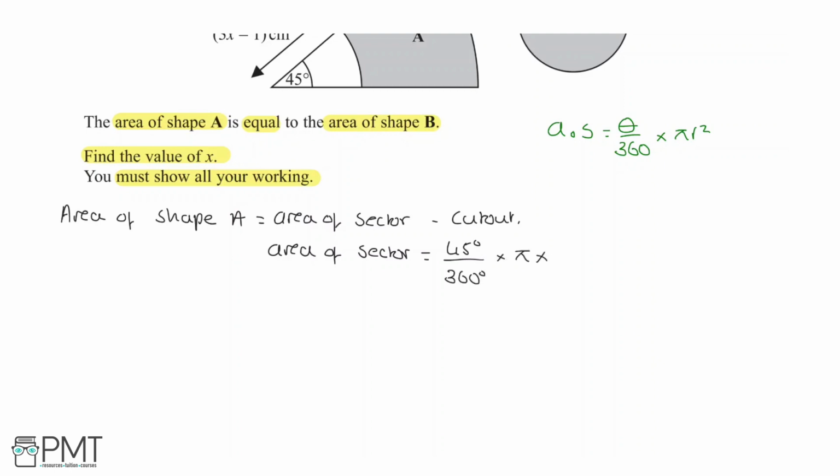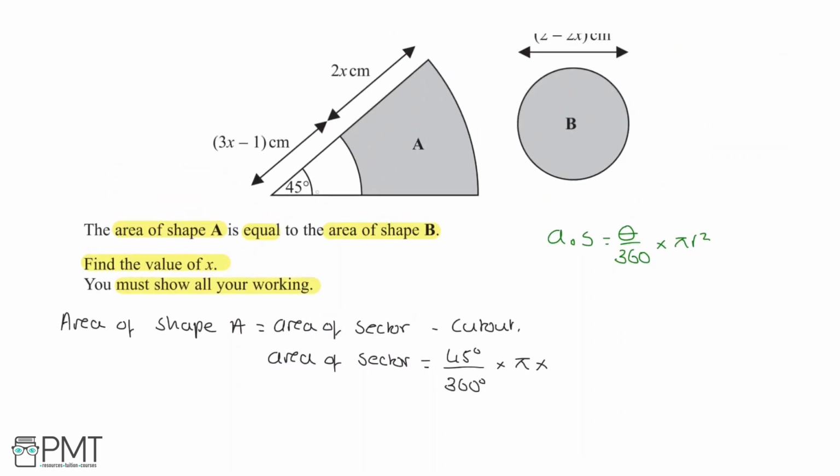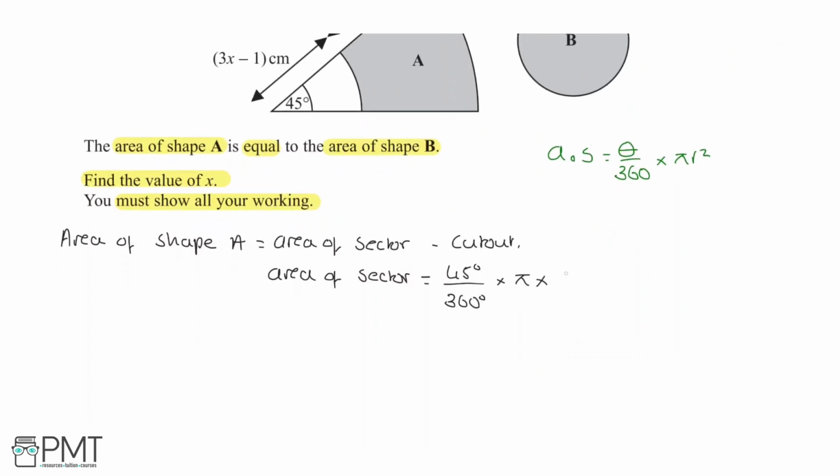Now our radius, if we look here, 3x minus 1 is our cutout, but the whole sector is including this 2x. So it's 3x minus 1 centimeters plus 2x centimeters, which is 5x minus 1 squared centimeters squared. So we need to square the 5x minus 1, and the unit is centimeters squared because it's an area. Now, 45 over 360.